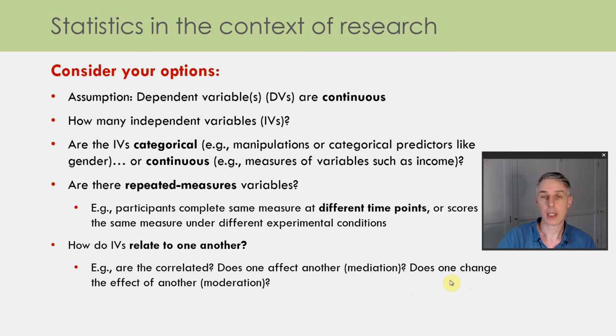Or alternatively, does the effect of one independent variable change the effect of a second independent variable, which would be an example of moderation? So all of these things which we're dealing with conceptually at the research design stage, the theorizing stage, have a clear and direct impact on the analysis options that we have when it comes to looking at our data.